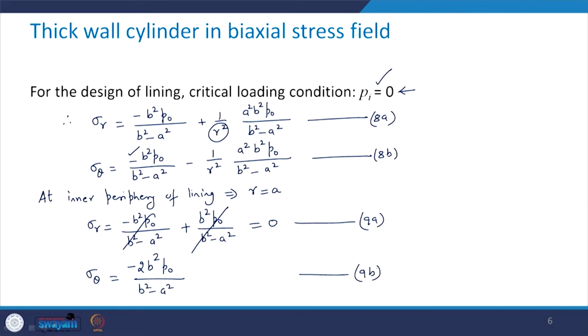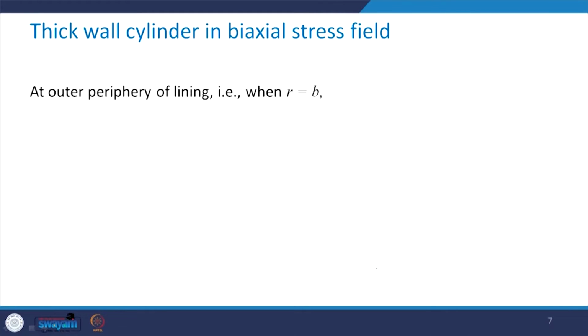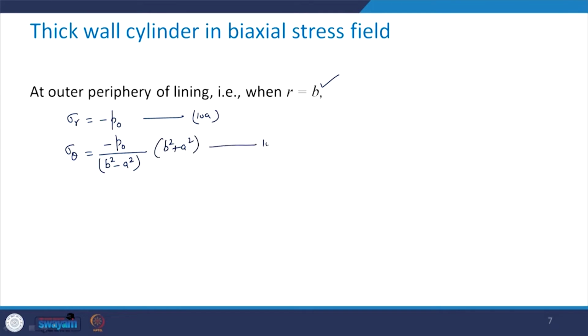Now, what will happen at the outer periphery of the lining, which means that when r becomes equal to b, this sigma r is going to be equal to minus P naught, that's 10a, and sigma theta will become minus P naught divided by b square minus a square into b square plus a square. This is 10b.